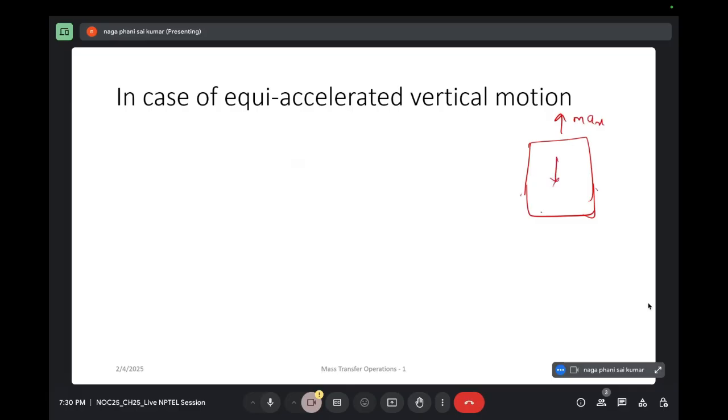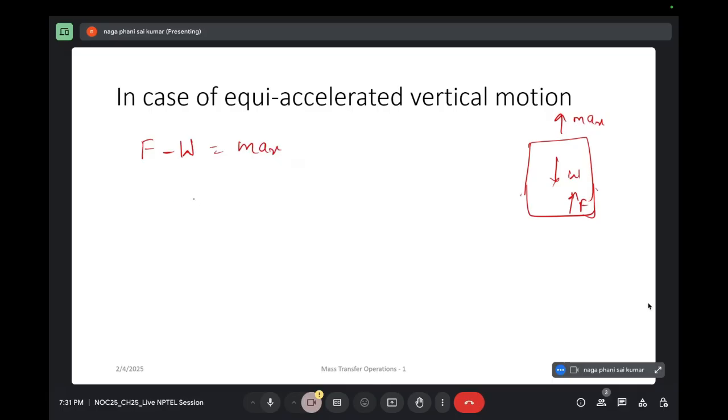Weight will be acting in the downward direction. To balance out the forces, let's say the force F is acting in the upward direction. The net resultant force, F minus W, where W is the weight of the sample, will be equal to m into Ax, right?